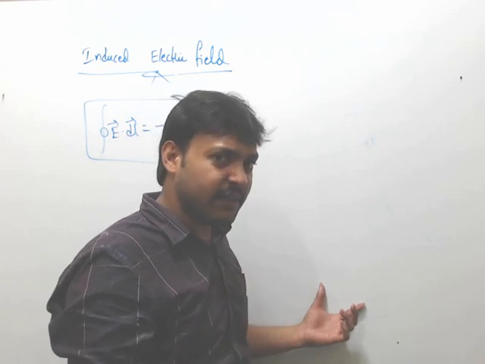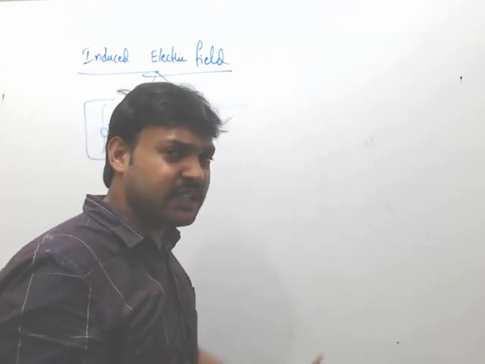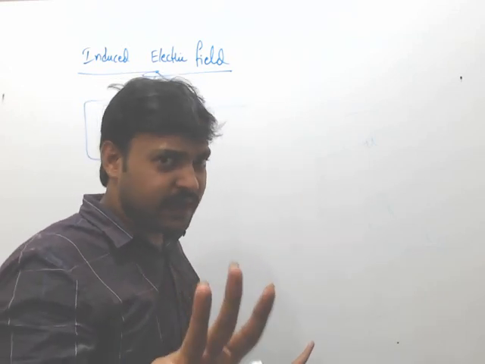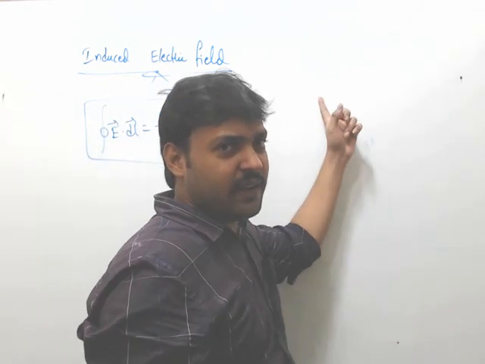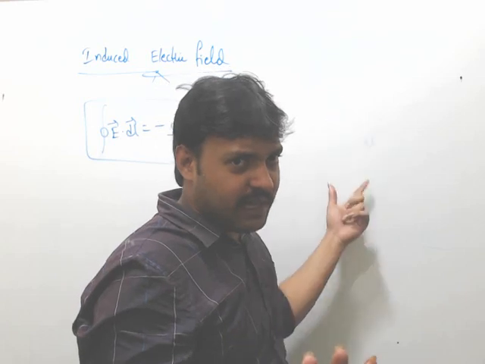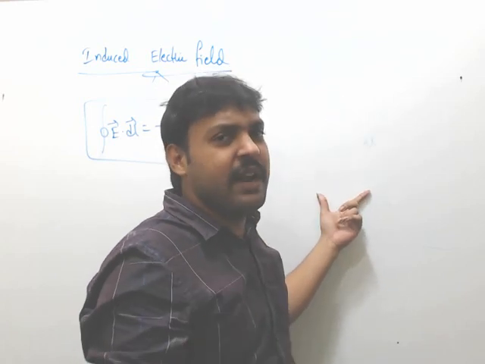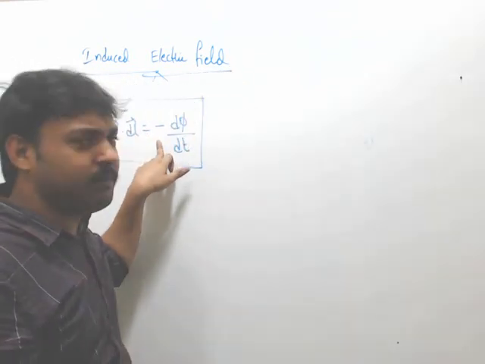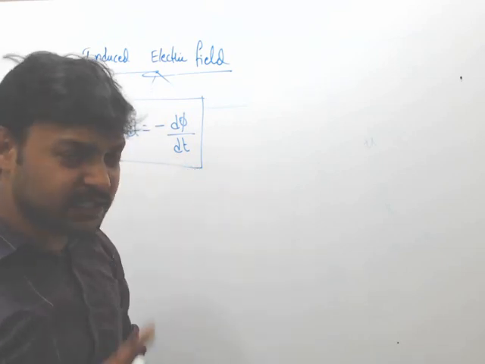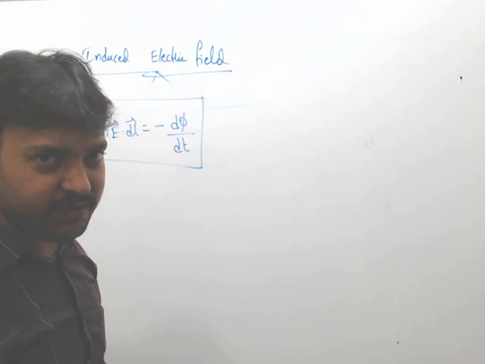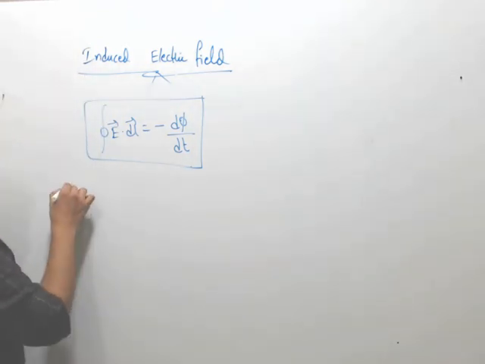Why? Induced electric field forms a closed loop. Next, in the old electric field, line integral of E bar dot dl bar equals 0, but here it gives you the induced EMF, and the formula is minus d phi by dt. Clear? These are the properties I said last time. Right. Now start.